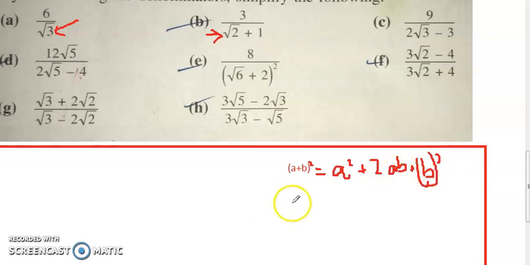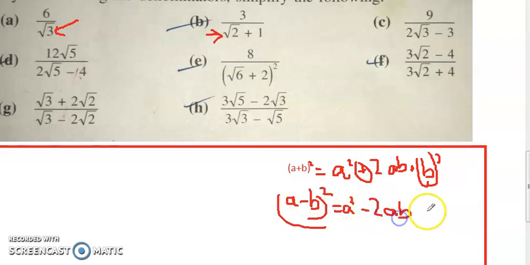This is the first identity. The second identity is a minus b whole square is equal to a square minus, now there was plus over here, if there's a minus over here, then there should be a minus over here as well, so minus 2ab plus b square.